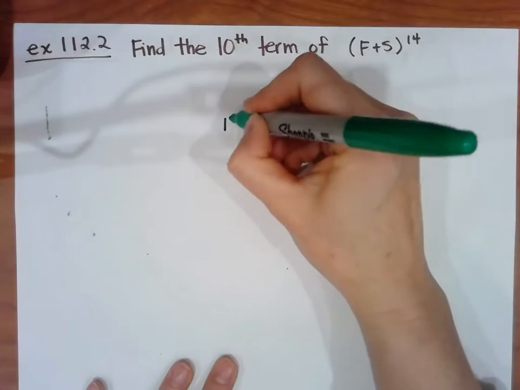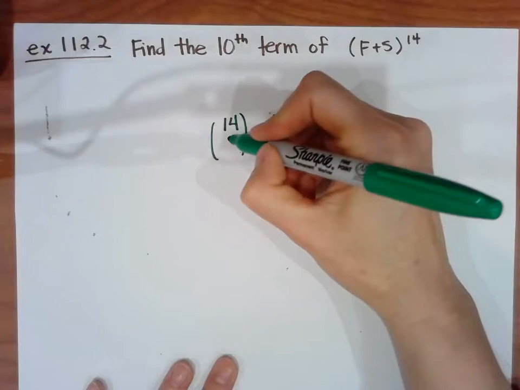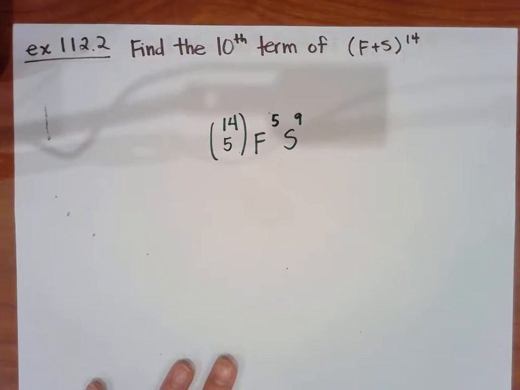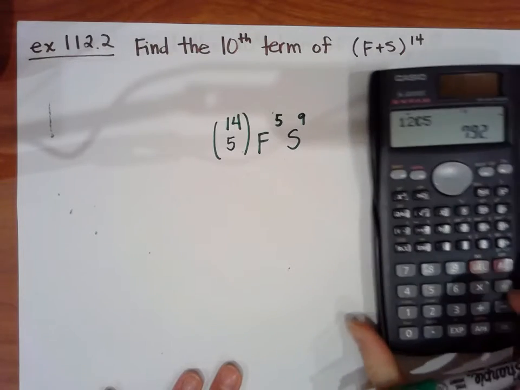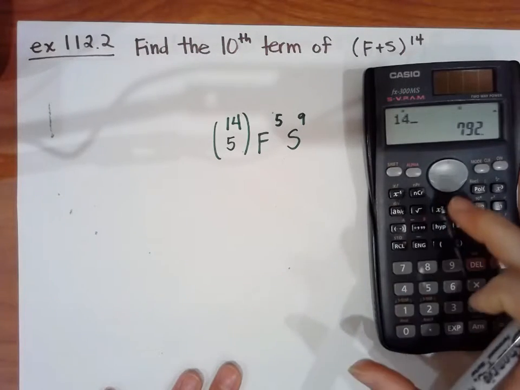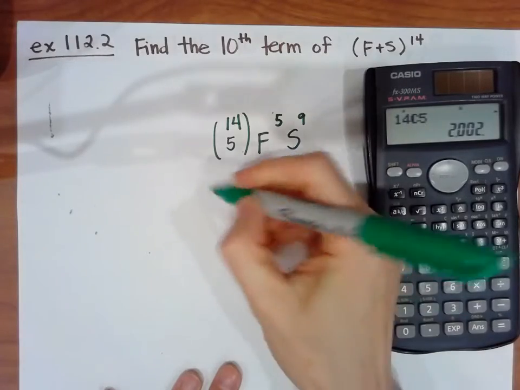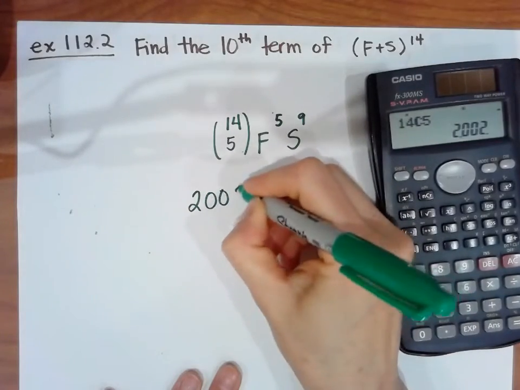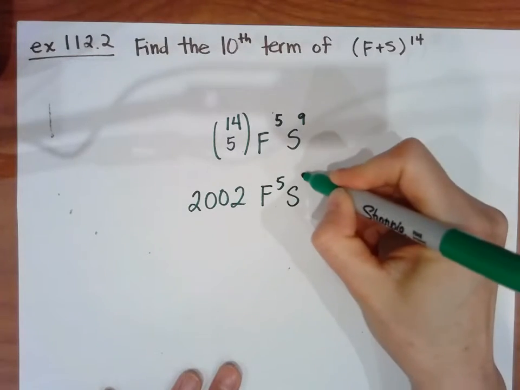And then we will have a 14 choose 5. I'm just giving you other notations to look at. Our 14 choose 5 is going to be 2002, f to the 5th, s to the 9th.